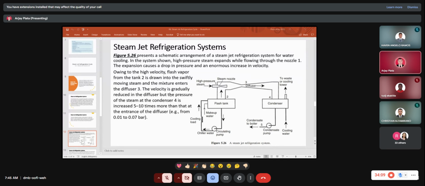But the pressure of the steam at the condenser 4 is increased 5 to 10 times more than that at the entrance of the diffuser. Because there is also a bottleneck here, the pressure will increase again.